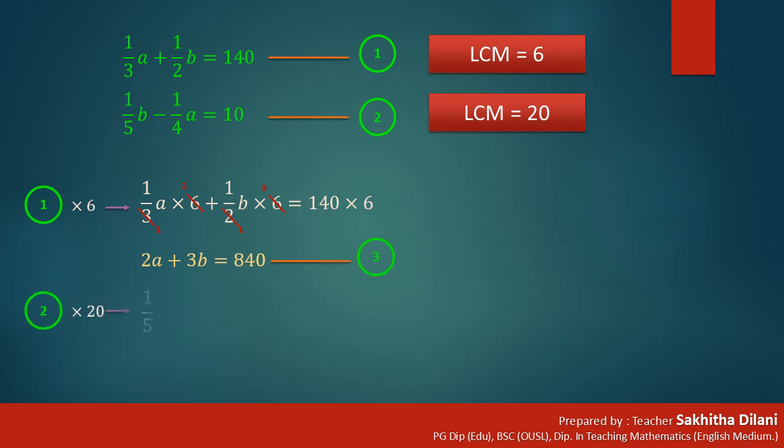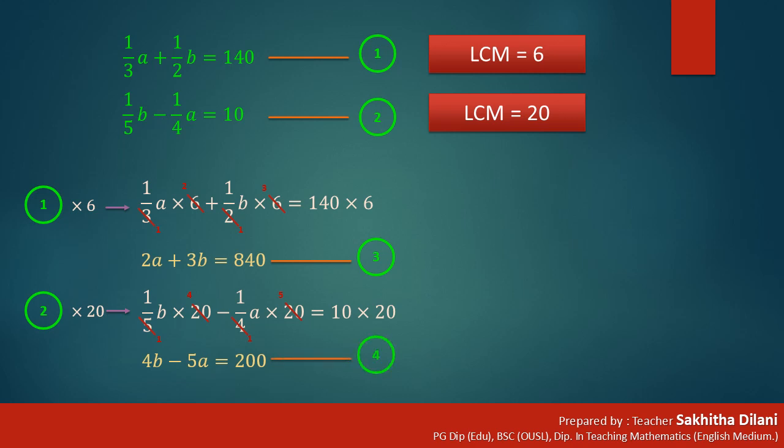Now multiply the second equation by 20. There also some terms get cancelled. Then we have the equation 4b minus 5a equals 200. Let's name it as fourth equation.